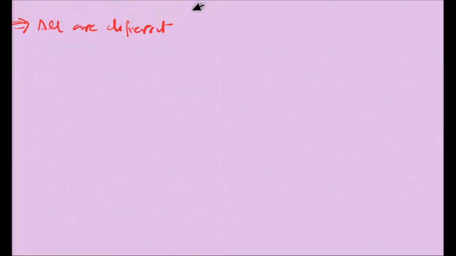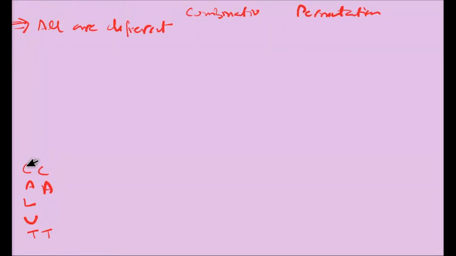So combination, permutation. All are different, so we have to write, taking from here, first C A L, C U T A. All are different.